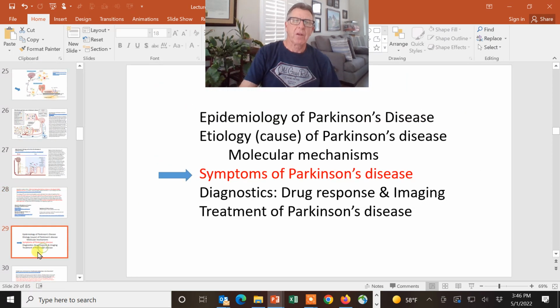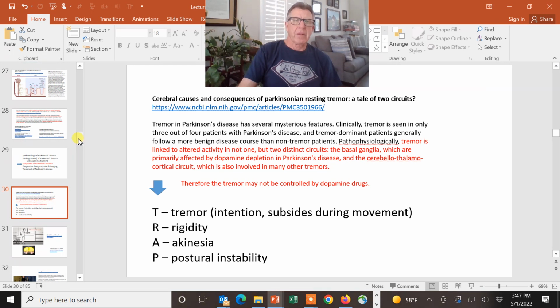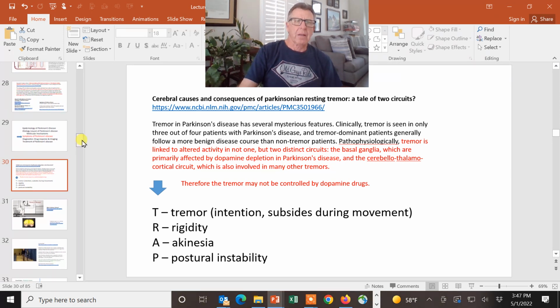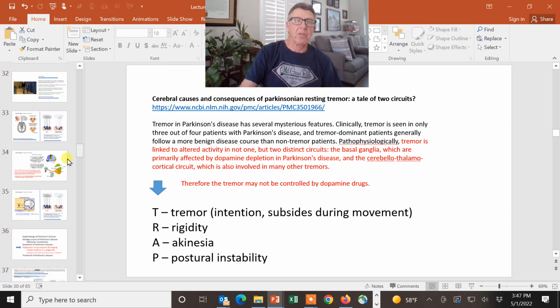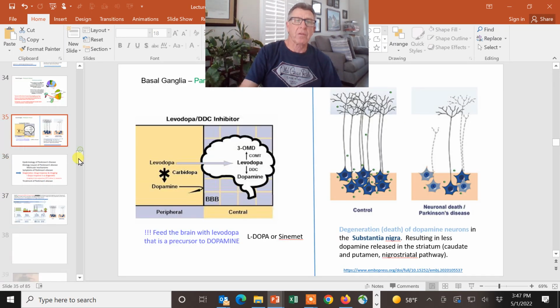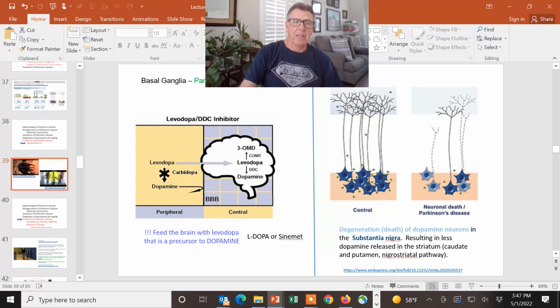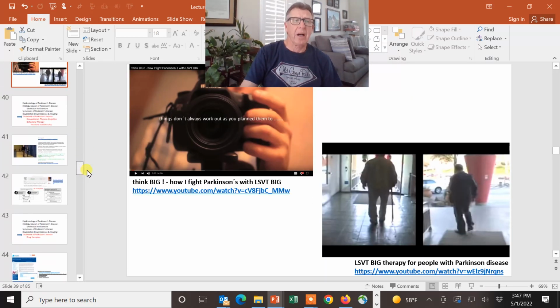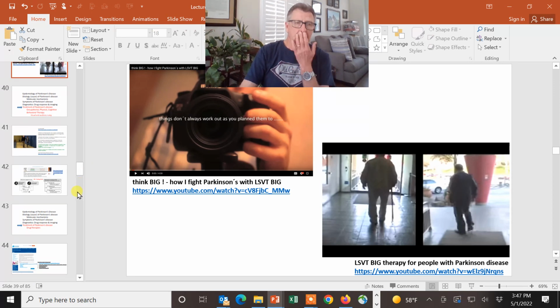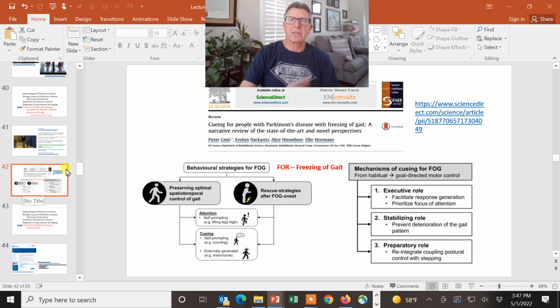So there's a lot to this. Anyways, we went over the symptoms and the treatments. We went through the loss of dopamine neurons. I talked about exercise being important, and also some occupational therapy they can do.